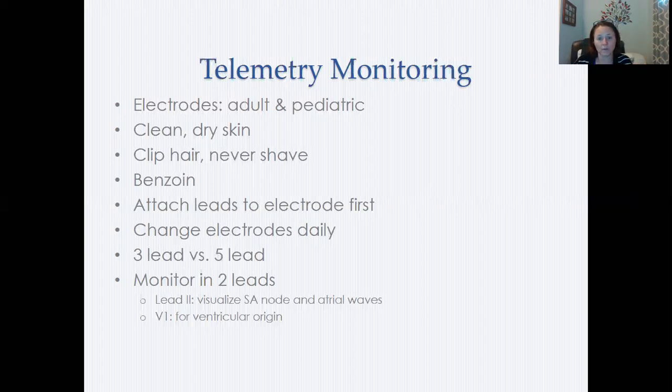So when you are monitoring somebody on a monitor, you may see that they're on a 3-lead monitor or a 5-lead monitor, or there's a 12-lead EKG. When we talk about the leads, they're the wires, as I said, but those leads are everywhere that they're attached to the patient. It's almost like a camera angle.